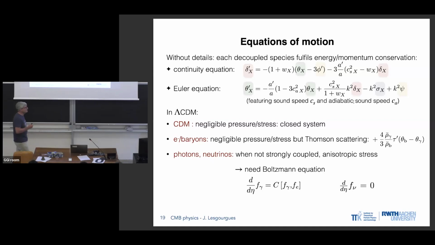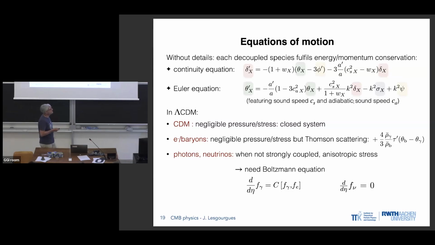So the covariant derivative of delta T mu nu for electrons or baryons is not equal to 0, but is equal to the momentum transfer term between electron baryons and photons. And this term will just add up to the Euler equation, not to the continuity equation, because it's a momentum exchange and not an energy exchange in the Thomson scattering limit.